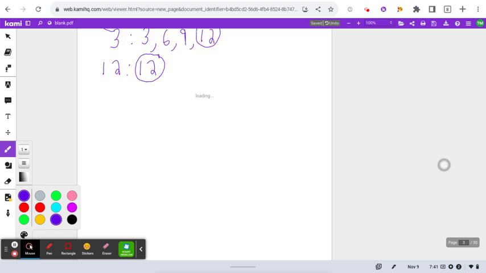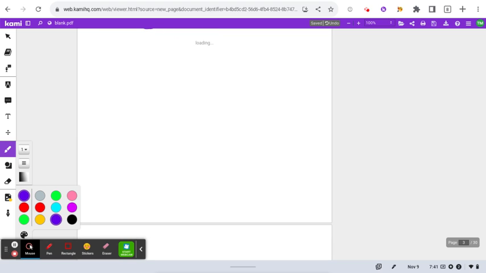If you don't know it using your mental math, then you would just list out the multiples. If you need something with greatest common factors, you look at what can be multiplied together to get those numbers. If you had the numbers 24 and 36, you would list out different ways you can multiply to get these numbers. So for example, 1 times 24, 6 times 4, and 8 times 3.